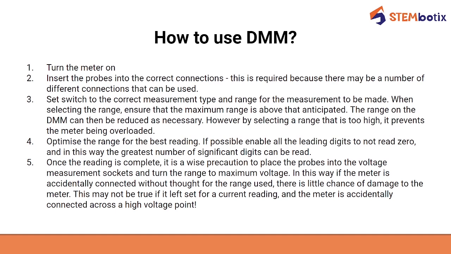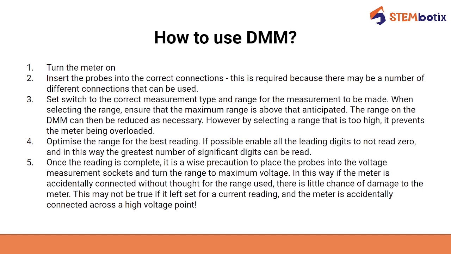If you are not getting output, then you can vary the selection, so it is basically a trial and error method. However, selecting a range that is too high prevents the meter from being overloaded.